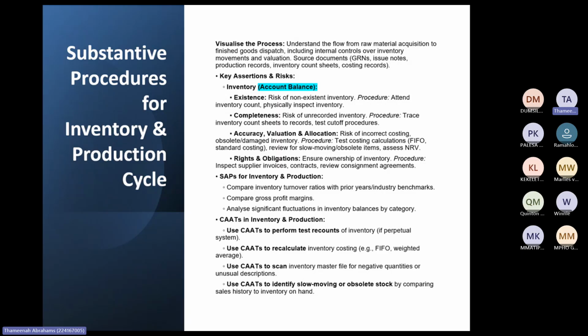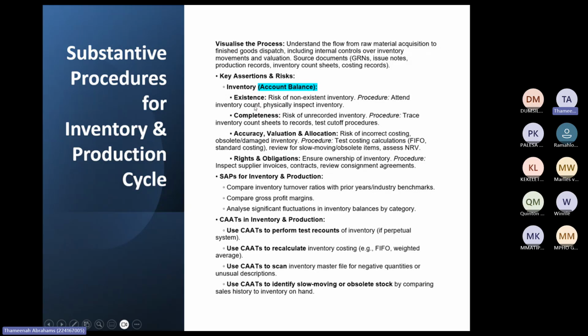Then you have the raw material transfer note. And within the production itself, you have job cards and all that stuff. So you have documents in there. Then from there, it gets transferred from production to finished goods, and you have the finished goods note and so forth.